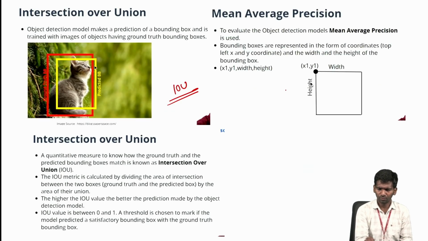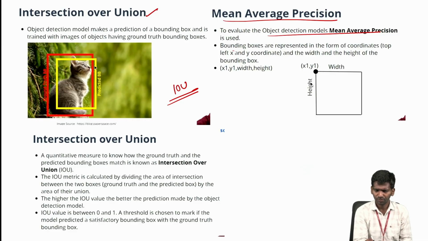So you could see how we are using it. Again, we will have mean average precision also, that is one of the techniques. We have seen IOU and that calculation, right? Then the other technique is mean average precision.